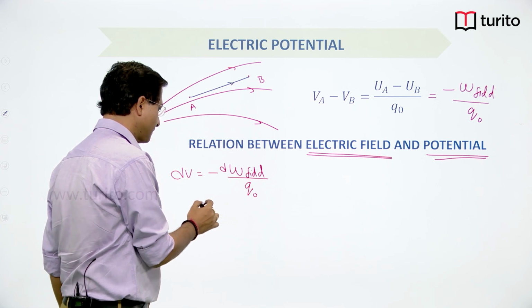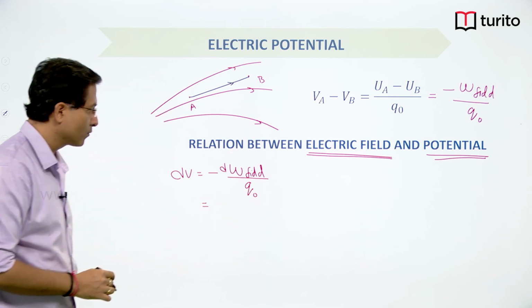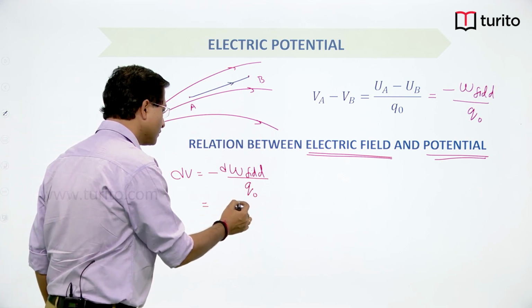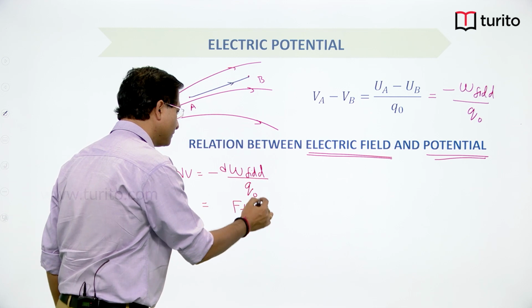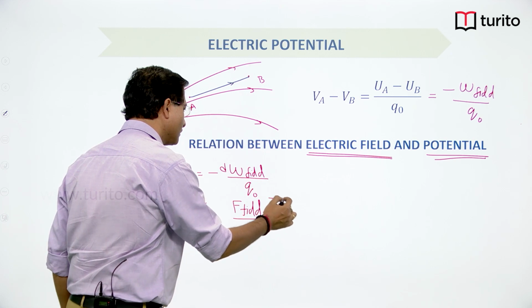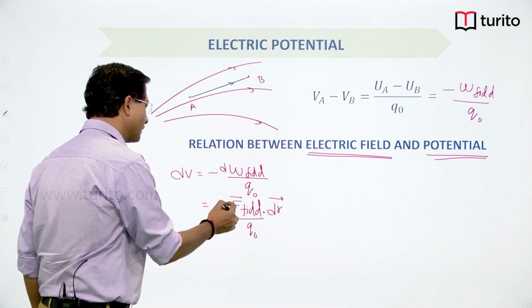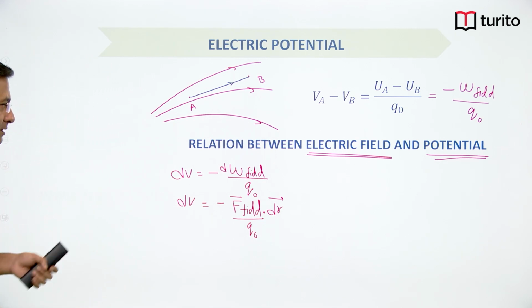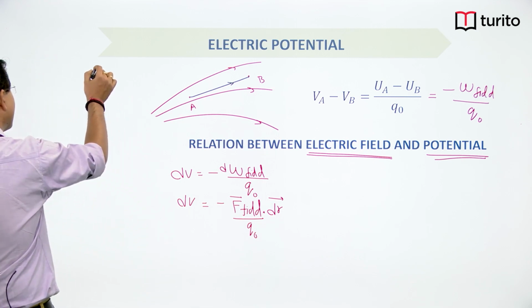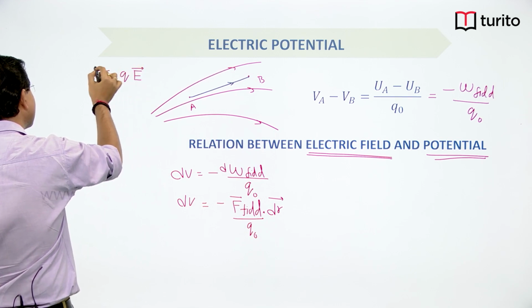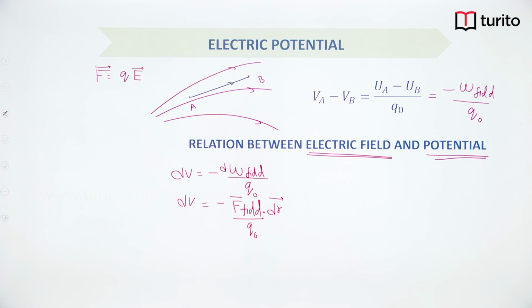Work done by field is force dot displacement. So, force by field dot displacement, F vector dot r vector will give you work, and force is nothing but force experienced by particle in the field. Force experienced by particle in the field is Q into E, right.